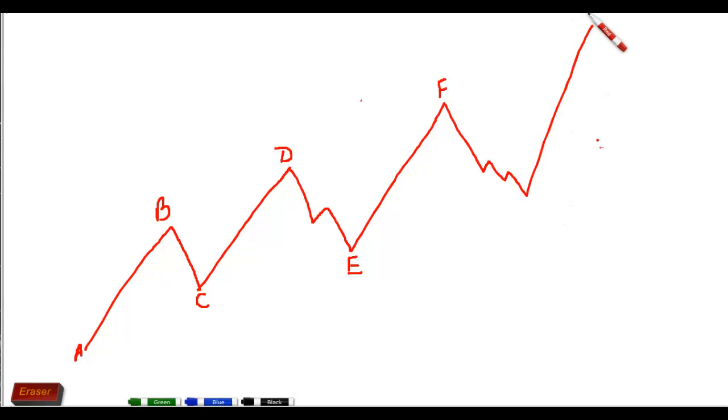The market is generally in a series of higher highs and higher lows because this high at H is higher than F, and this low at G is higher than this low at E, which is higher than this low, which is higher than this low. So we're in a series of higher highs and higher lows. That is the definition of an uptrend.